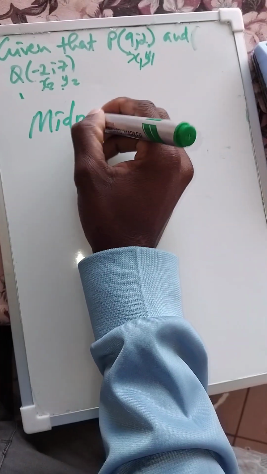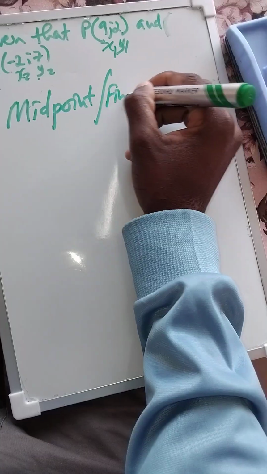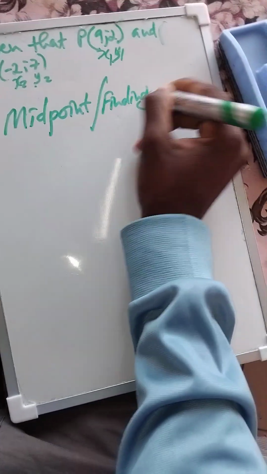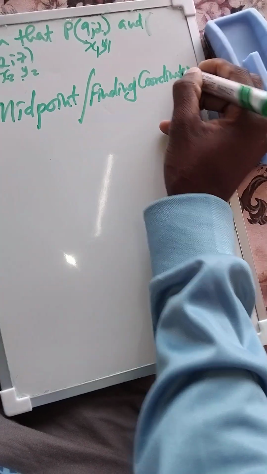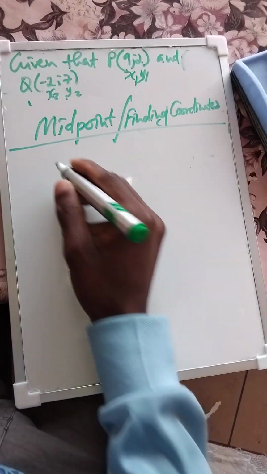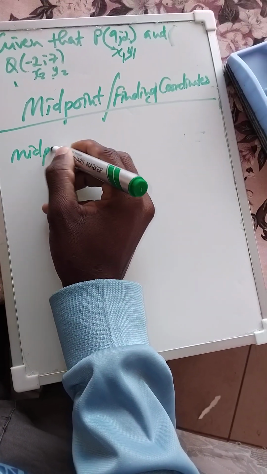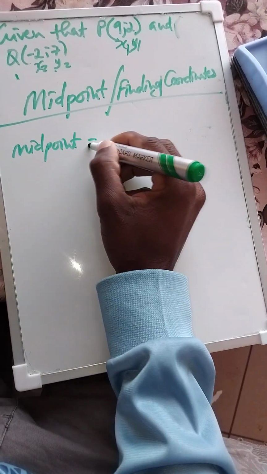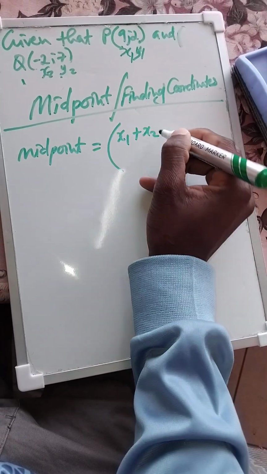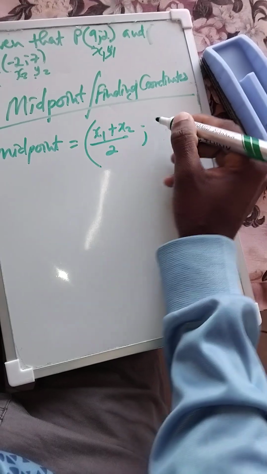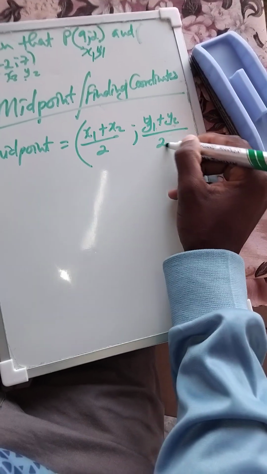And midpoint, that is, finding coordinates. The formula for the midpoint is x1 plus x2 over 2, then y1 plus y2 over 2.